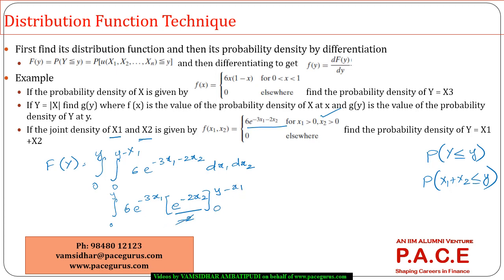So this I can simplify it. Minus 3, 0 to y, minus 3 I am taking out, e to the power of minus 3x1, e to the power of minus 2y plus 2x1, right, and minus 1.